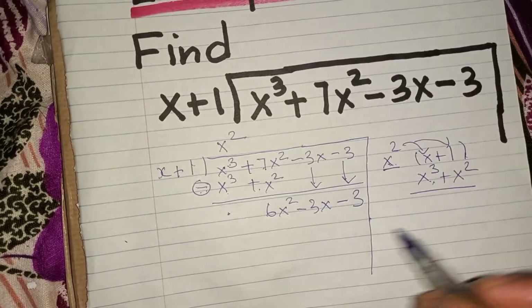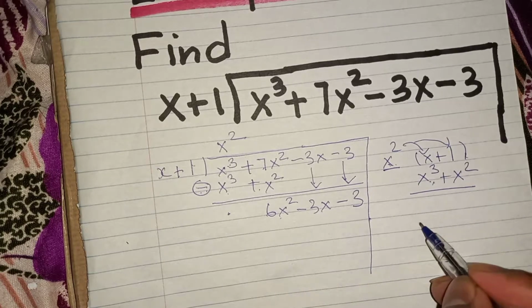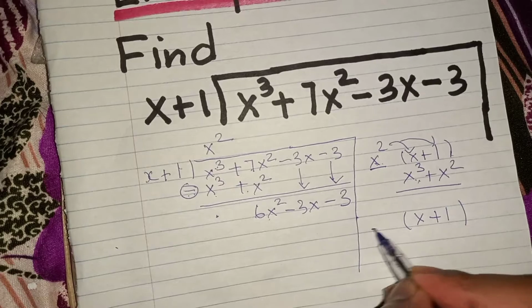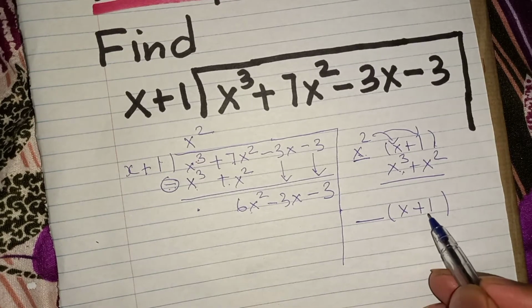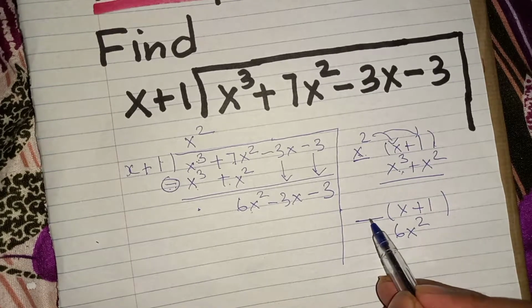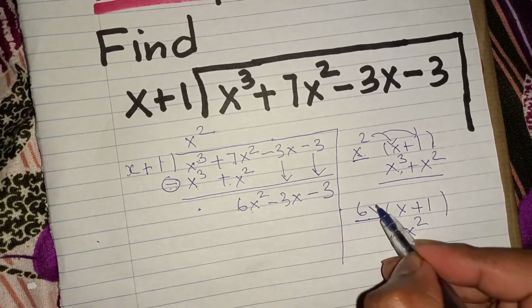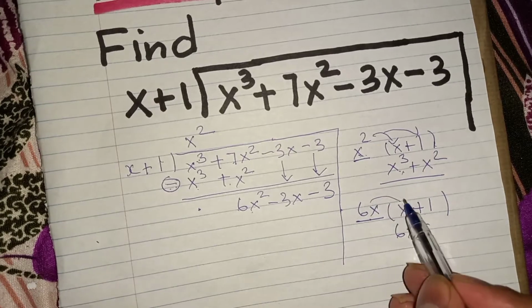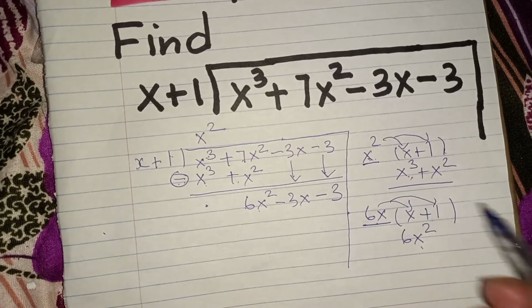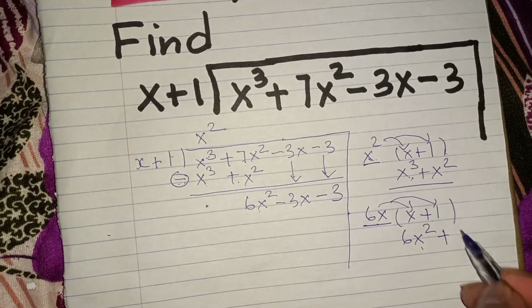Now let's move on to this one. You have your factor x plus 1. You need something to multiply with this factor to give me 6x squared. Now what is going to go here? It will be 6x. 6x multiplies with this, it gives 6x squared, and when 6x multiplies with 1 you get 6x.